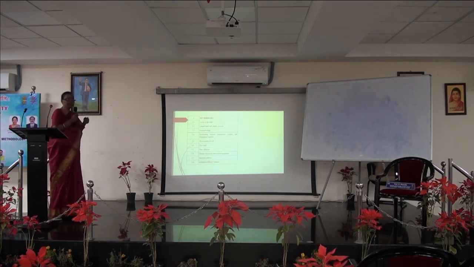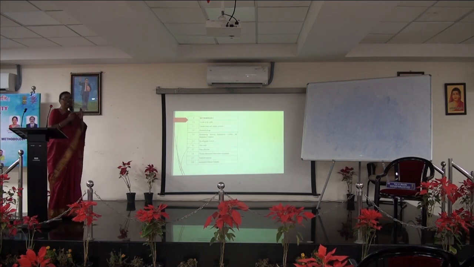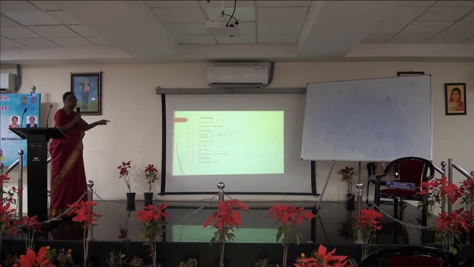Development of tools. You have selected a tool, somebody's tool, adapted it, or developed your own tool. Pilot study: on what size of sample the pilot study is conducted, how it was conducted, what statistics are done to establish reliability and validity. All this can be given in the pilot study. Data collection.